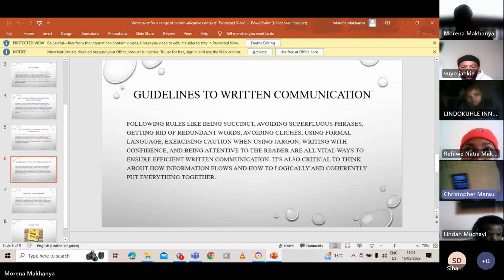It's also crucial to think about how information flows and how to logically and coherently put everything together.